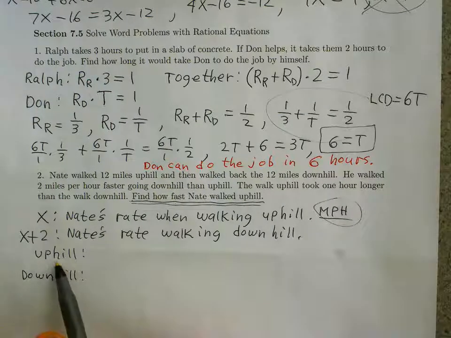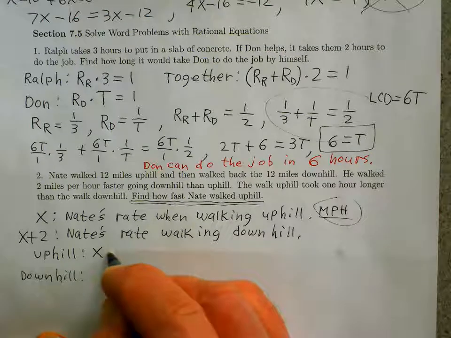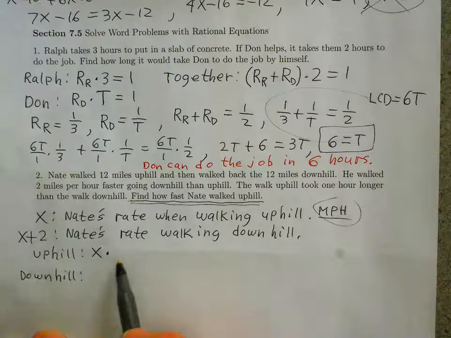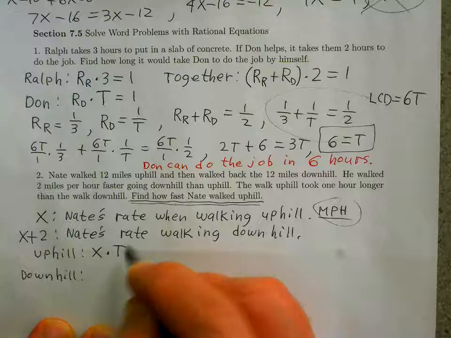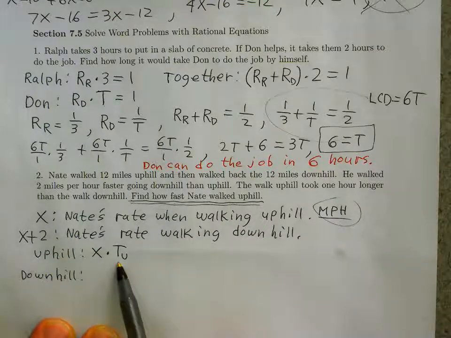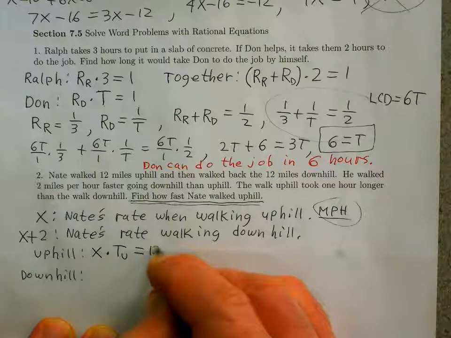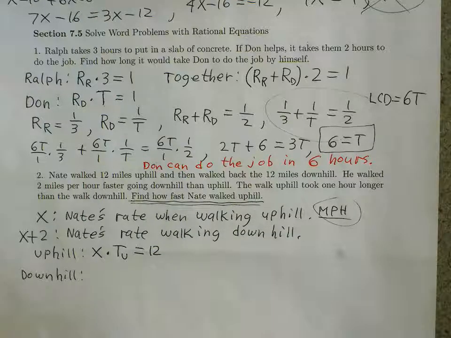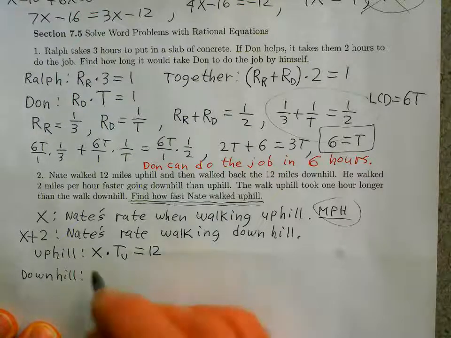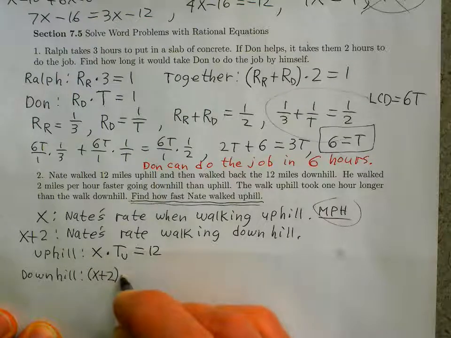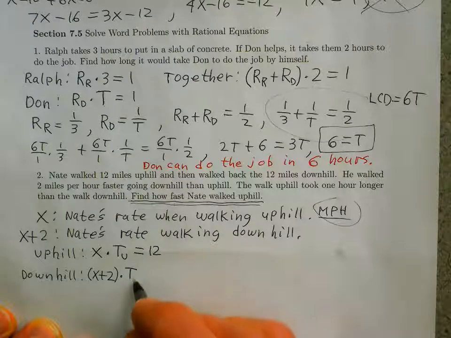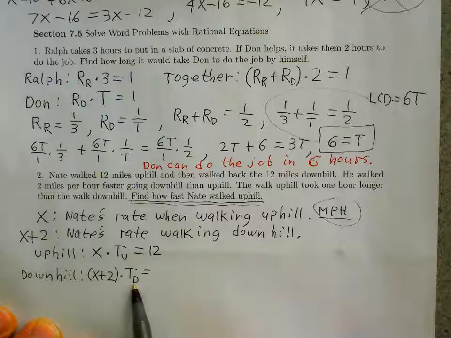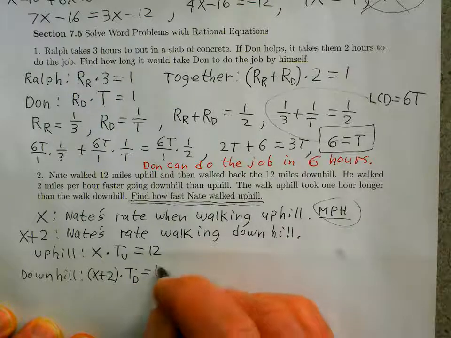When he's walking uphill, his rate is X miles per hour, and for the amount of time, I'm going to use capital T sub U for the amount of time it takes him to walk a distance of 12 miles uphill. Then when Nate is walking downhill, his rate is X plus 2 miles per hour, and for the amount of time, I'm going to write T sub D to represent the amount of time it takes him to walk 12 miles going downhill.